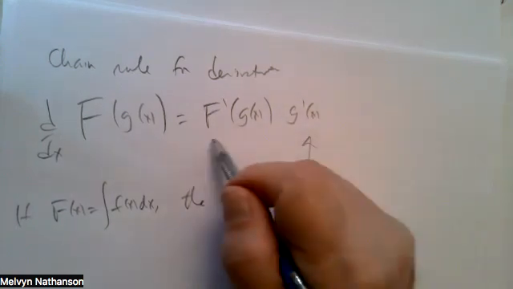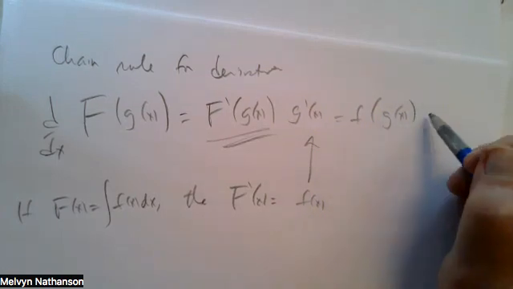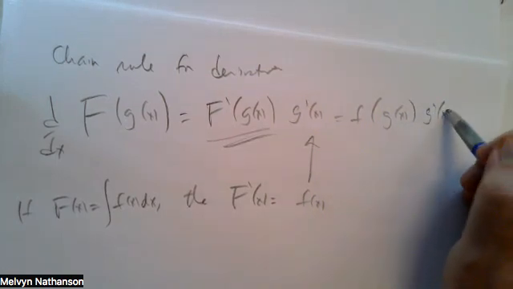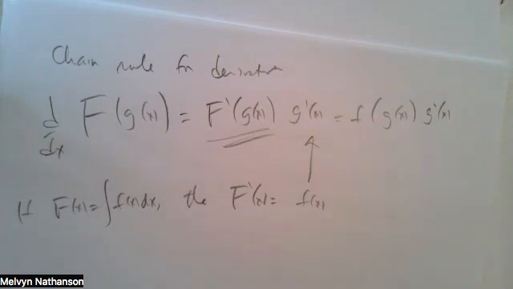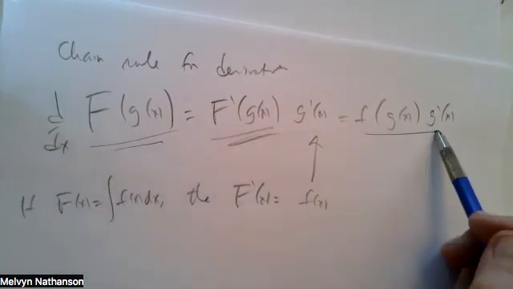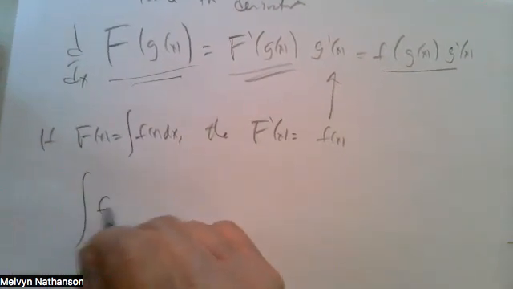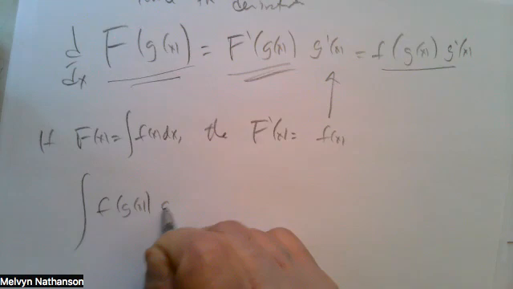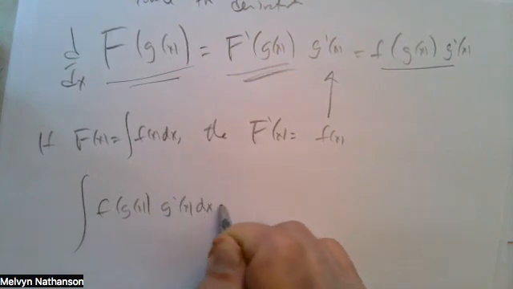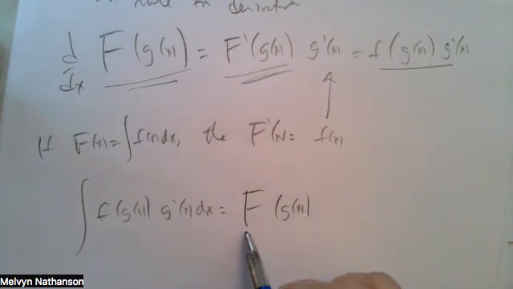So if we plug that in here, this is f of g of x, g prime of x. So the derivative of this is this, which means that the antiderivative of f of g of x, g prime of x dx, is equal to capital F of g of x, where capital F is the antiderivative of little f.